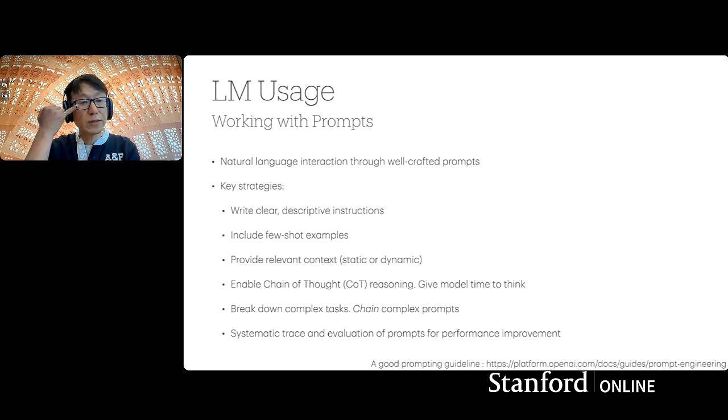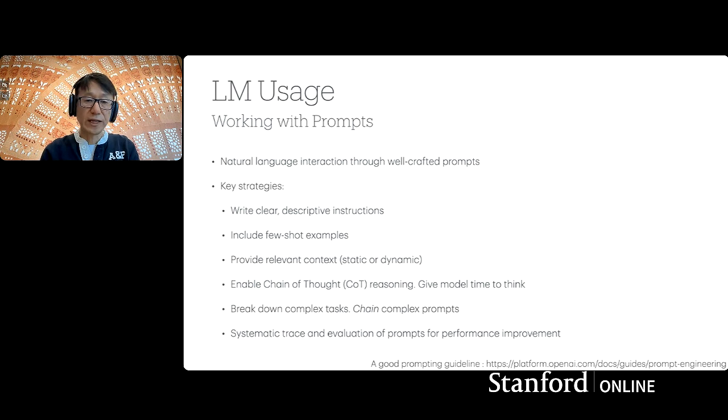And you could include a couple of examples of the form that you want to see, as in the style or form. And also you could provide references or context in such a way that the model relies on the context that you provide.